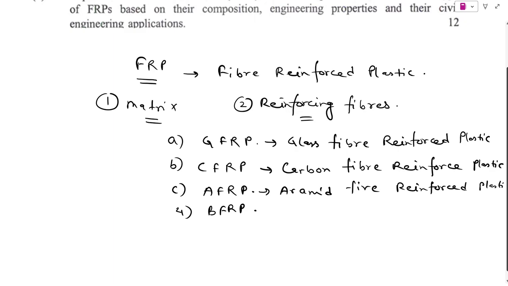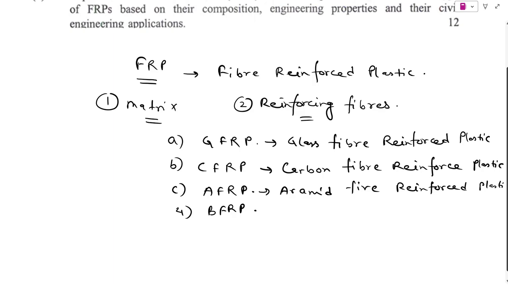Stiffness is moderate, and weight is very light. Corrosion resistance is excellent, and cost is high. Fatigue resistance is excellent, and electrical conductivity is non-conductive.